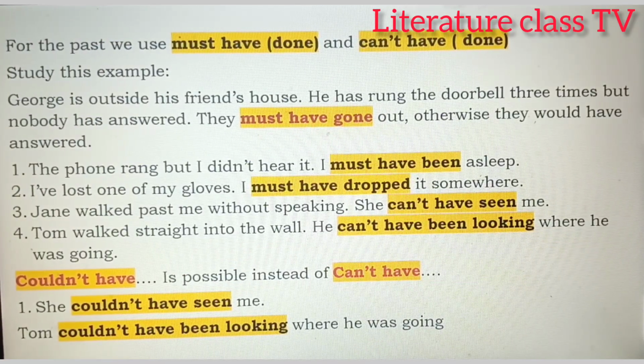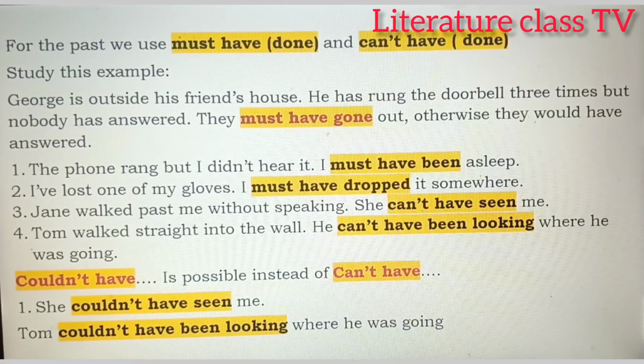For the past, we use must have done or can't have done. My friend, are we together here? Let's see an example.